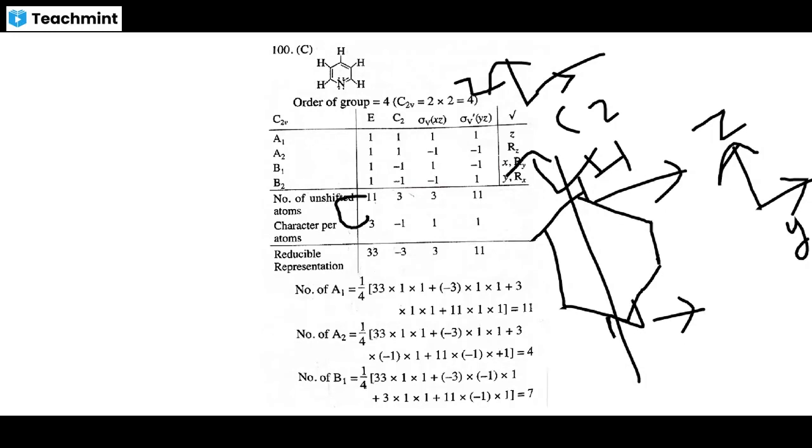Then you should take this reducible representation, 33 into the character in A1. This is the number of classes. There is 1 E, so 1 into the character in A1, which is 1. So 33 into 1 into 1, plus minus 3 into 1 into 1. So here 1, this is 1.